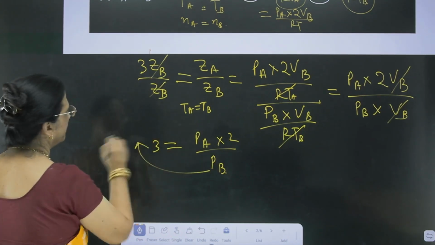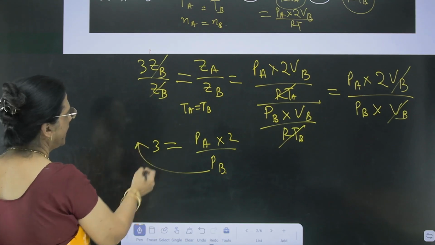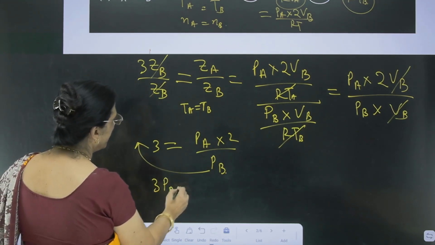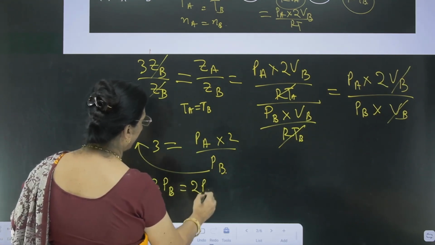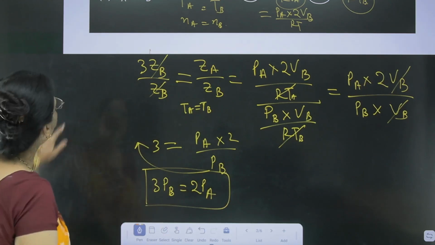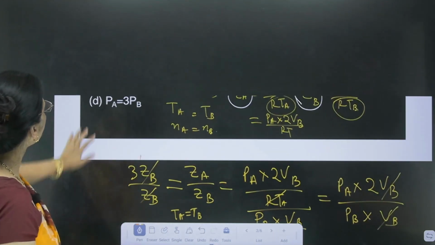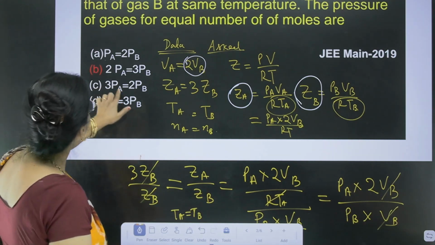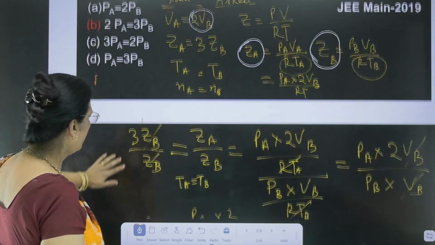We can rearrange this: 3PB = 2PA. This is the relation between PA and PB. Now let us check. Or here you can write 2PA = 3PB.